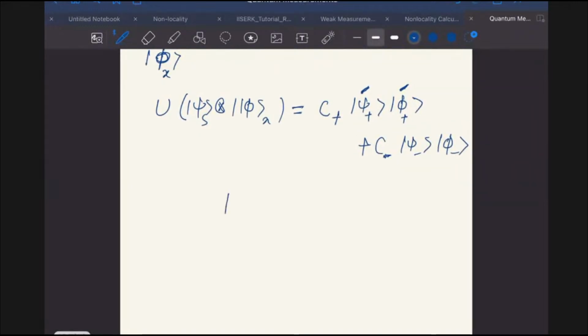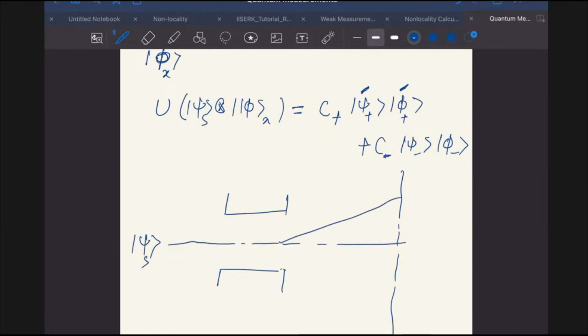Before that, let me draw a picture again. This is my state, psi s. Consider it like this.